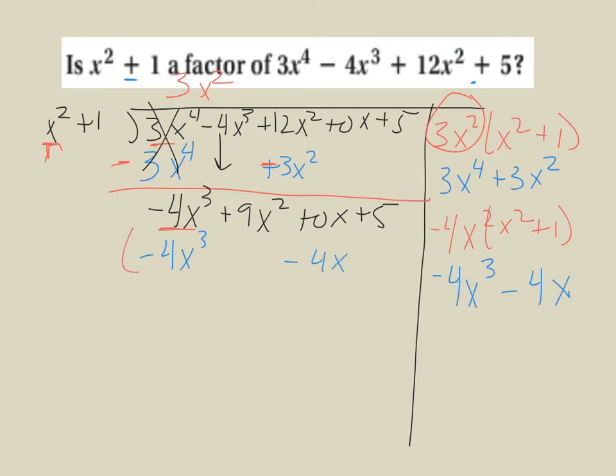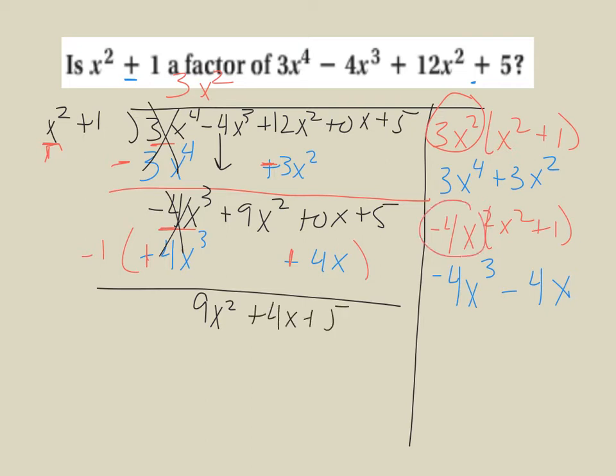Remember, you have to multiply by a negative 1. That's like switching the signs within. So if I add these together, these two cancel each other out because it's a negative and a positive. I still have my 9x squared. I'm adding here, so this would give me a plus 4x plus 5. And again, this is the number that is written up top, minus 4x.